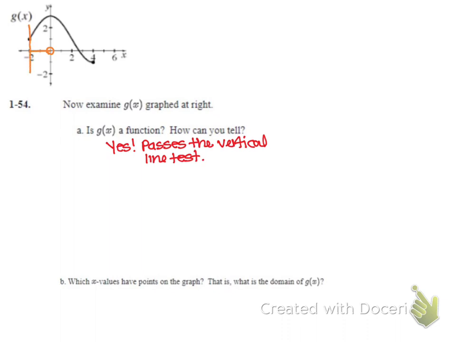Now, if I keep looking left, I've run out of the G of X graph, so I'm not going to look left anymore. Oh, I'm going to look right. I'm going to look right until it looks like the graph stops right there. So I think that the domain is all numbers between -2 and +4.